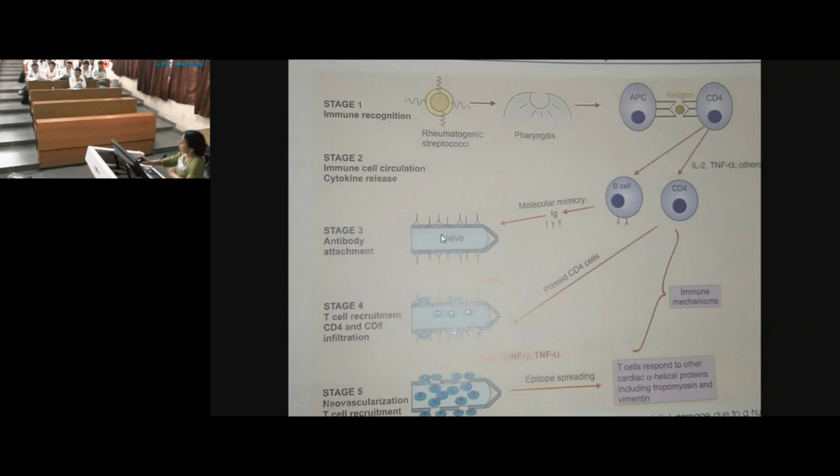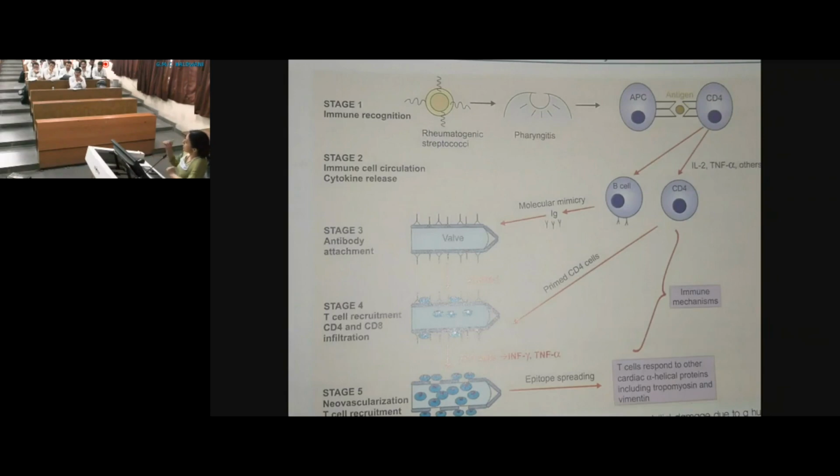When the antibodies react with the valve, they cause the VCAM1 receptor, that is vascular cell adhesion molecule, to be expressed on the surface of the endothelial cells. Ultimately, there is neovascularization and later recruitment of the T cells. Then these T cells start reacting with other cells of the myocardium also, like alpha helical proteins, and so you have other manifestations also, right?